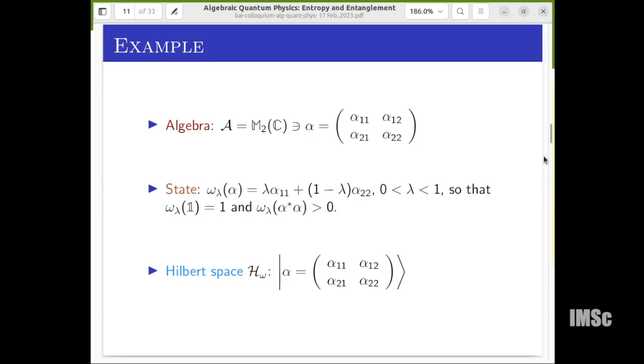So what is A prime in that case? In that case, you take the Rindler wedge and take its causal complement, on the other side, which is also a Rindler wedge. So A prime is the algebra of this causal complement, also infinite dimensional.